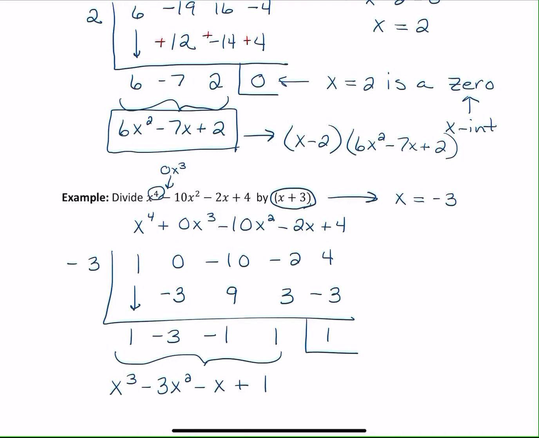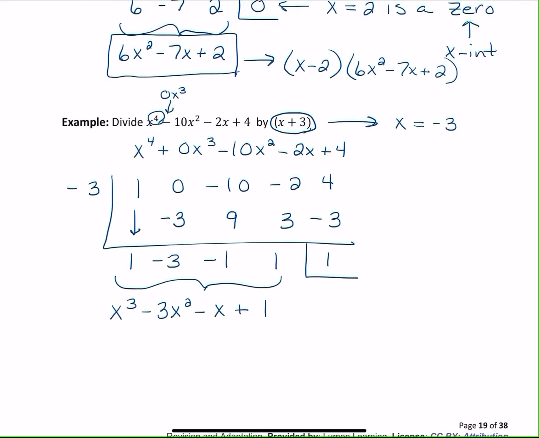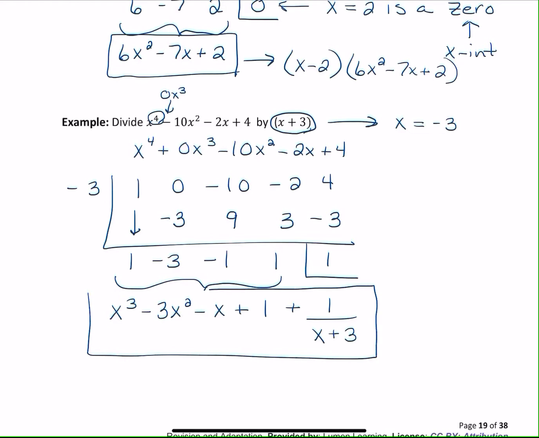So you just put those as the coefficients in descending order. This time, though, I have a remainder of 1, so I'm going to have plus 1 over x plus 3, my original factor. So now this is the answer after I do synthetic division.